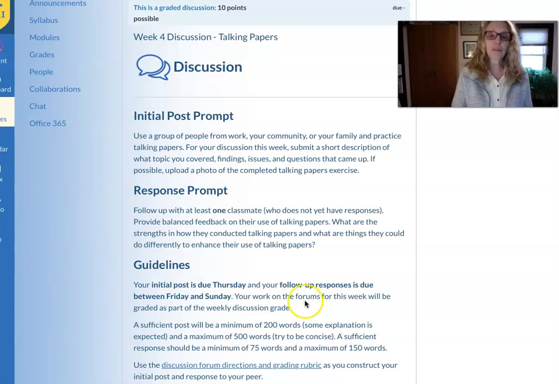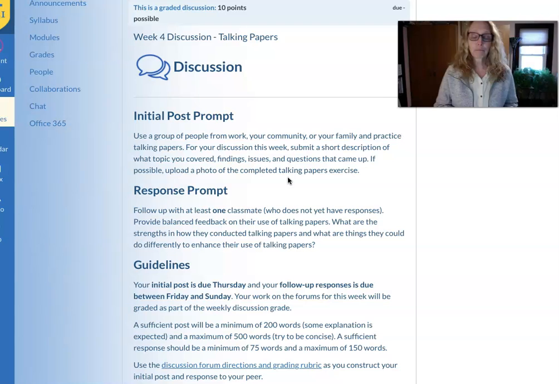Not really questions that they asked you, but that you have about the process. And then, if possible, with permission from your group, upload a photo of the completed talking paper exercise. That would be like a poster paper with sticky notes on it.